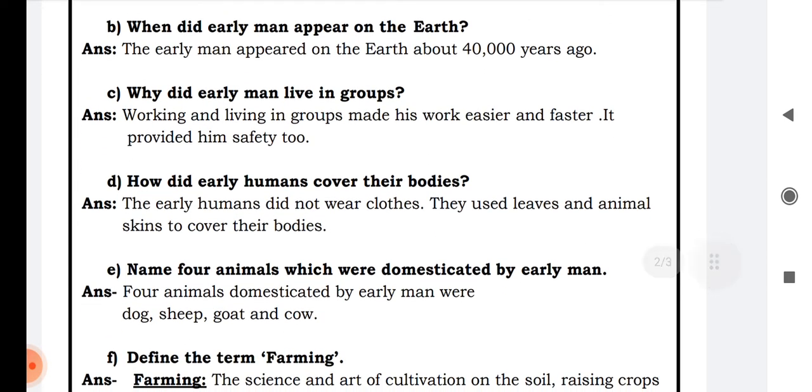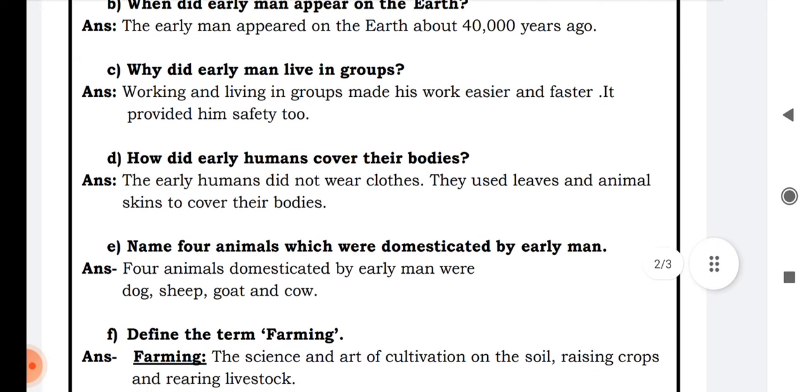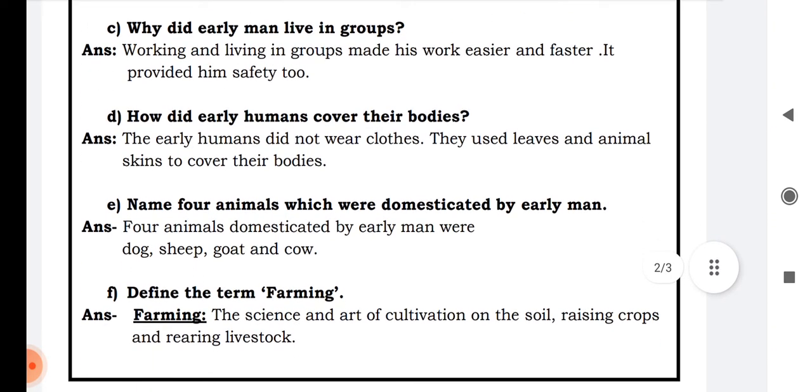B. When did early man appear on the earth? Answer. The early man appeared on the earth about 40,000 years ago. Yes, it is 40,000 years ago.